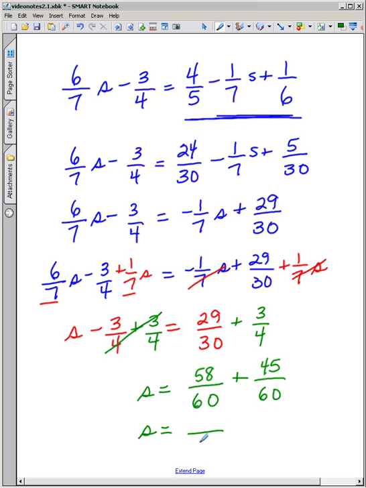So we add them. They have the same denominator. We add the numerators. 58 plus 45 is 103. So 103 over 60 would be the solution to that equation. Okay?